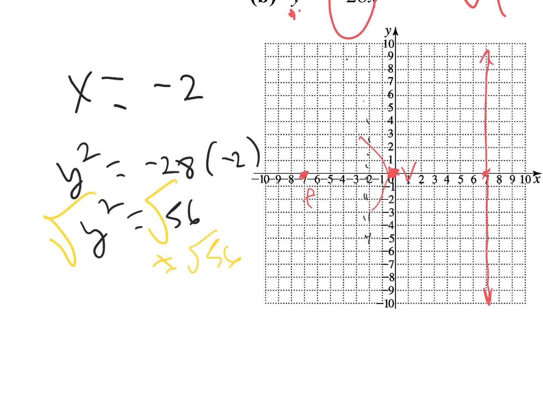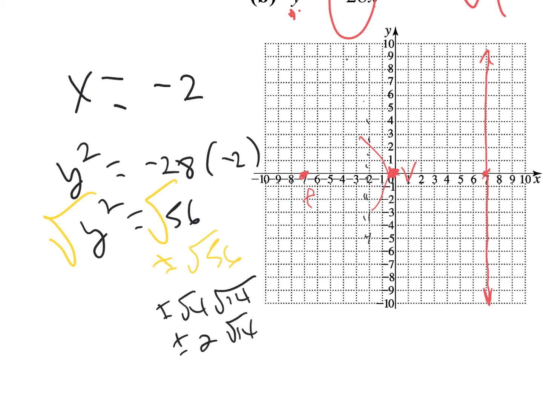I know it's between 7 and 8, because 7 times 7 is 49, and 8 times 8 is 64. But if you were to factor it out like this, plus or minus square root of 4 times square root of 14. Well, okay, that doesn't help me. That's plus or minus 2 times the square root of 14.